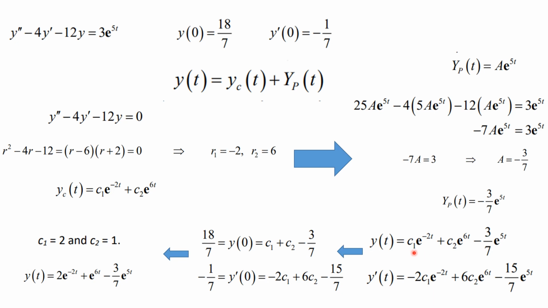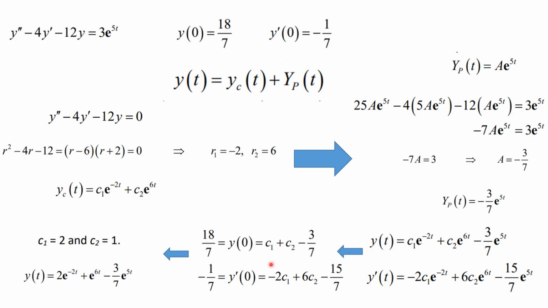To find out what C1 and C2 are, I'm going to use the initial conditions, and first I have to take the derivative of that, which will give me this. You should verify all of these steps, and when I have these, I can substitute 0 in. E to the 0 is always going to be 1. I will get 2 equations and 2 unknowns.